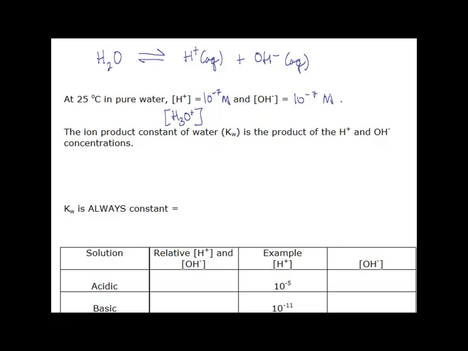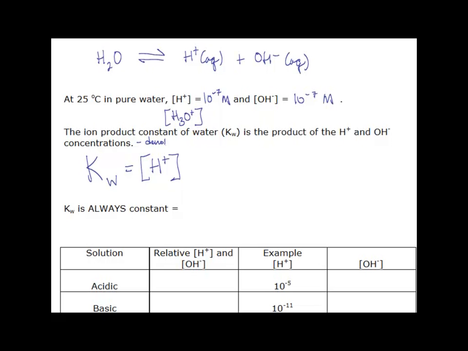Now, the ion product constant of water, Kw. Kw is defined as the product of the hydrogen ion concentration and the hydroxide ion concentration. Brackets mean concentration.